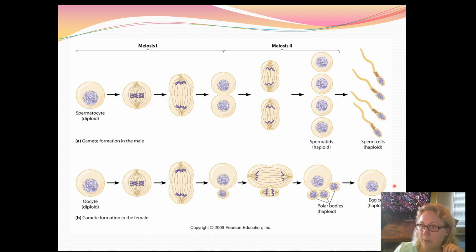But what we end up with is a cell that is massive for a human cell and is packed with all kinds of goodies, including RNAs and fatty acids and ribosomes and mitochondria, and everything that will allow that little developing embryo to survive for 2 weeks, until implantation occurs and the embryo can start getting nutrients from the mother.